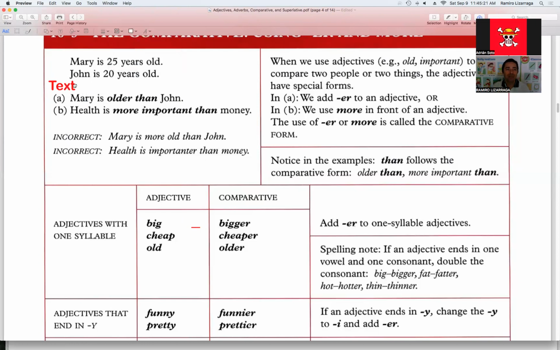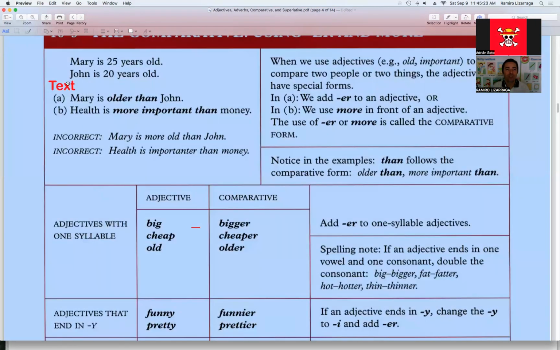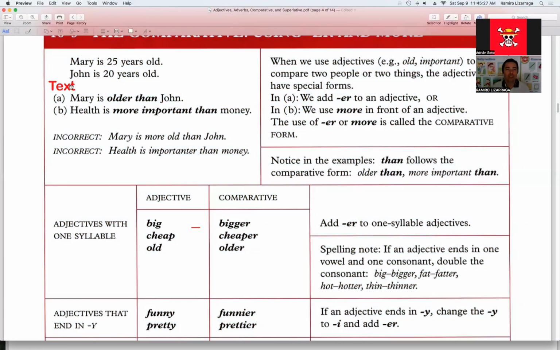I can say the other way around: John is younger than Mary.